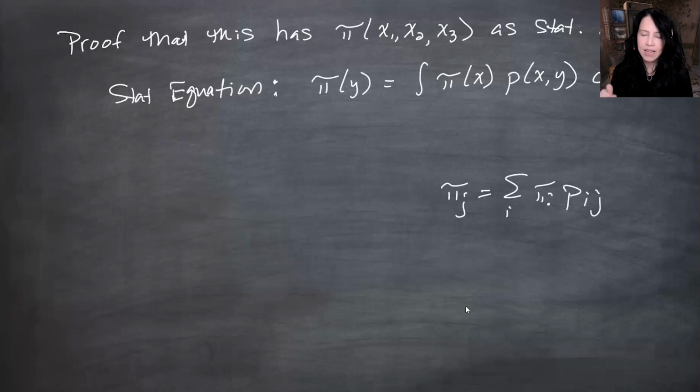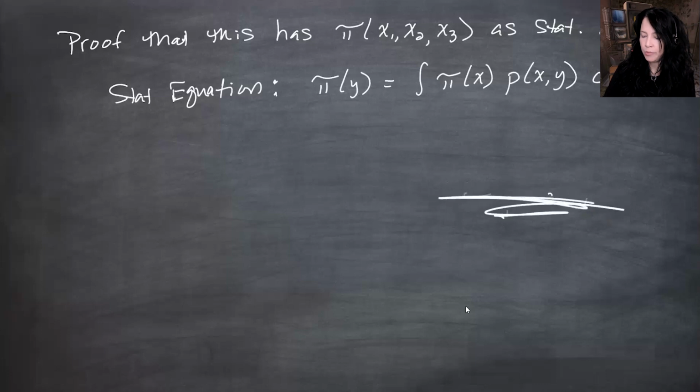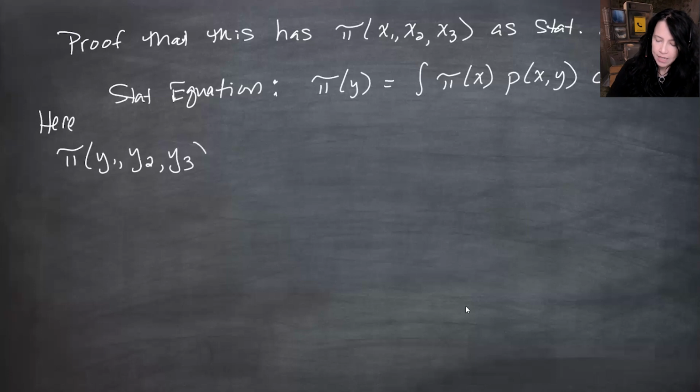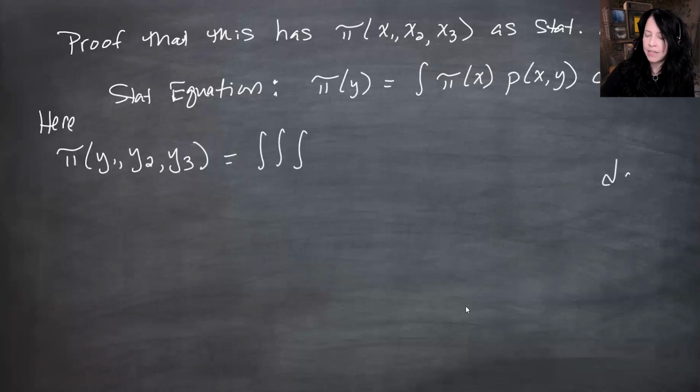Now for us, x, y, and z are three-dimensional. And I could just put vectors on them, but I want to look really specific here. So pi of y1, y2, y3. In this particular case, we want this to be a triple integral. Like dx with a vector over it would mean you're integrating with respect to each of the components separately.